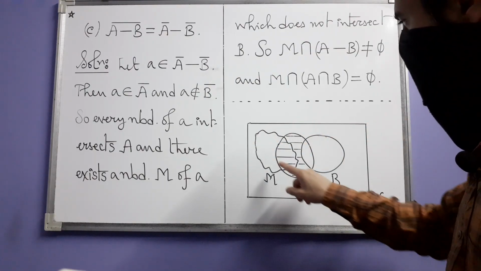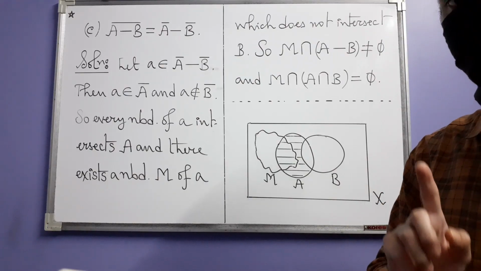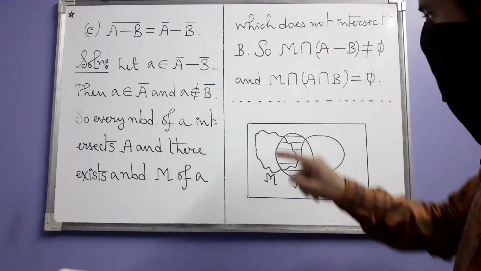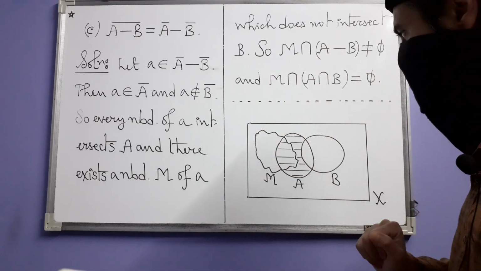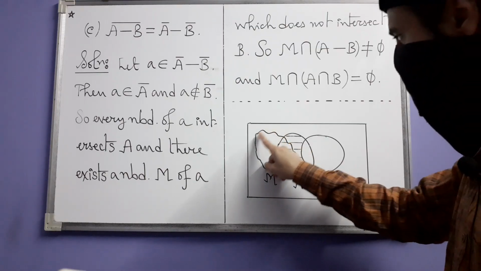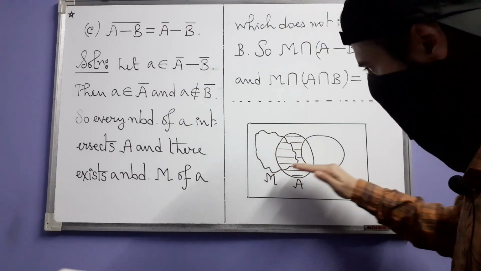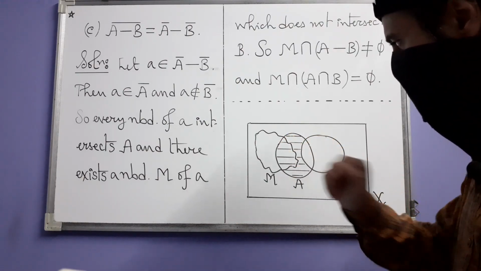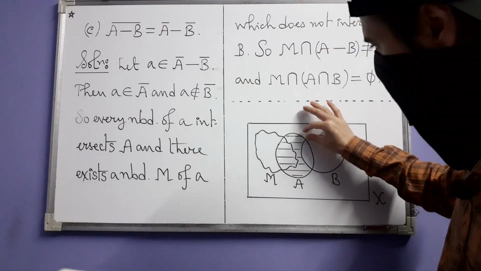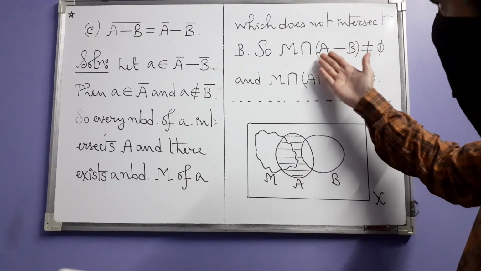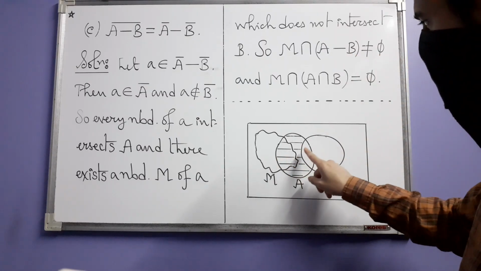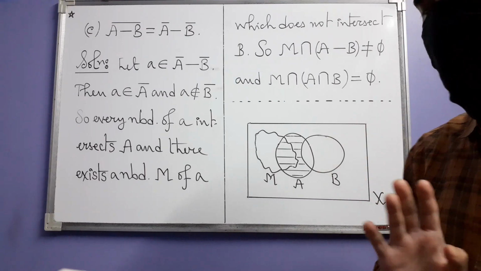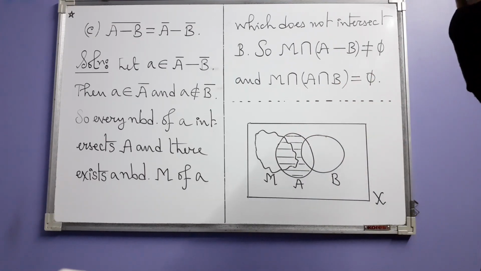It intersects A because it's the neighborhood of that point small a, but at the same time it does not intersect B. So this region cannot intersect this. So then what is happening? This region intersects this other region A difference B, which is expressed here using these horizontal bars. So that's why M is intersecting A difference B. But of course, M does not intersect this common region because it does not intersect B. That is why this second intersection is empty.